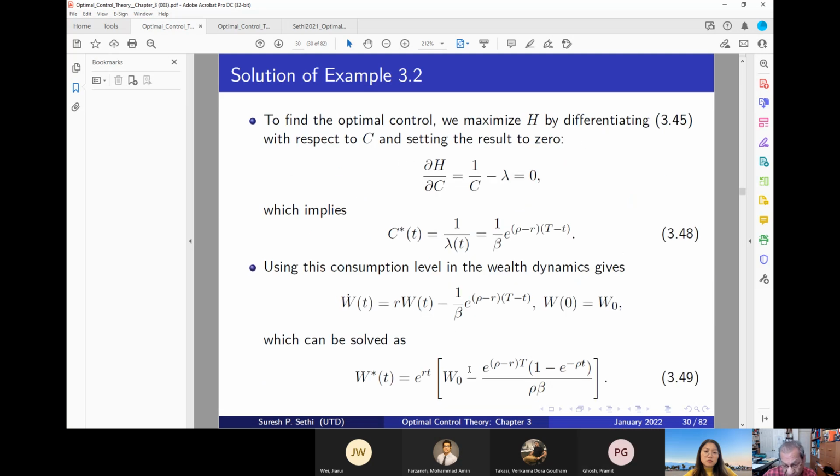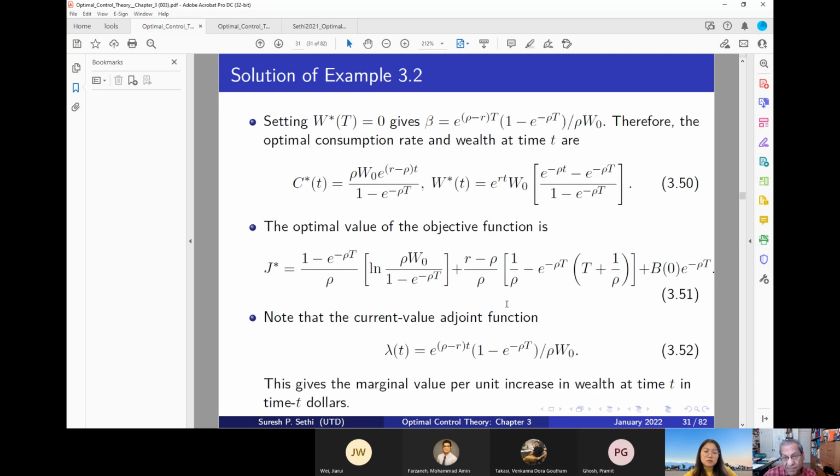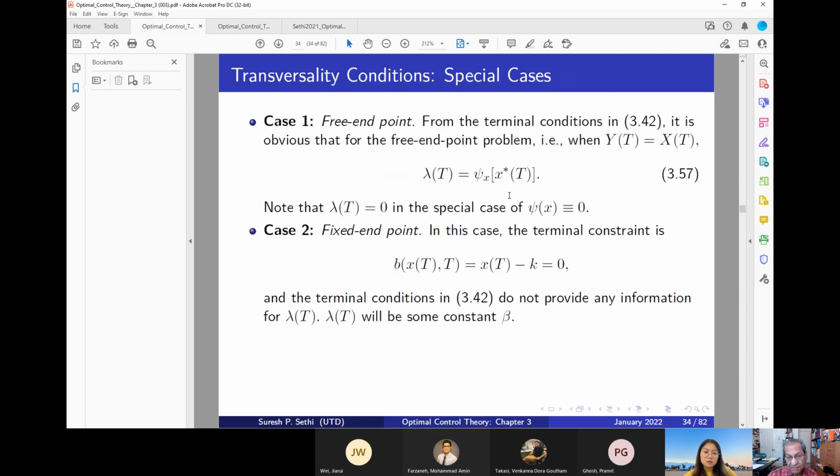When we make this 0, that gives us the equation in beta, which is this equation, and that gives us the value of beta. So what it says is that when it's a fixed endpoint problem, then we can manage the beta so that the value of the wealth at the end is exactly 0. That's how you solve the two-point boundary value problem. Now let's see what happens.